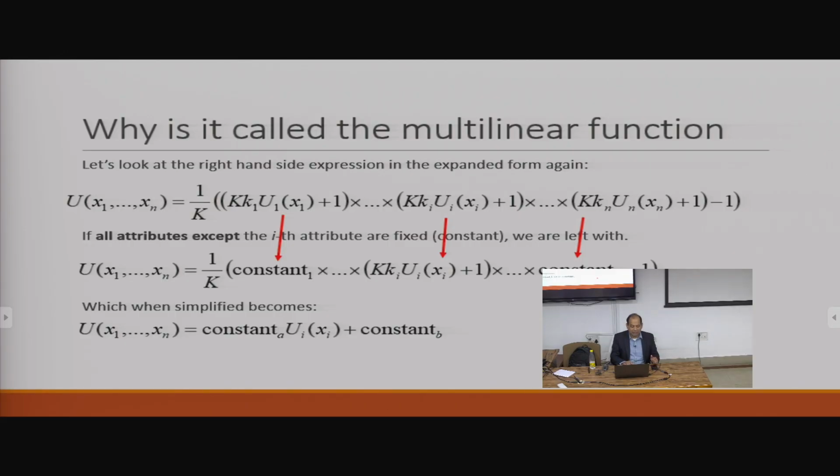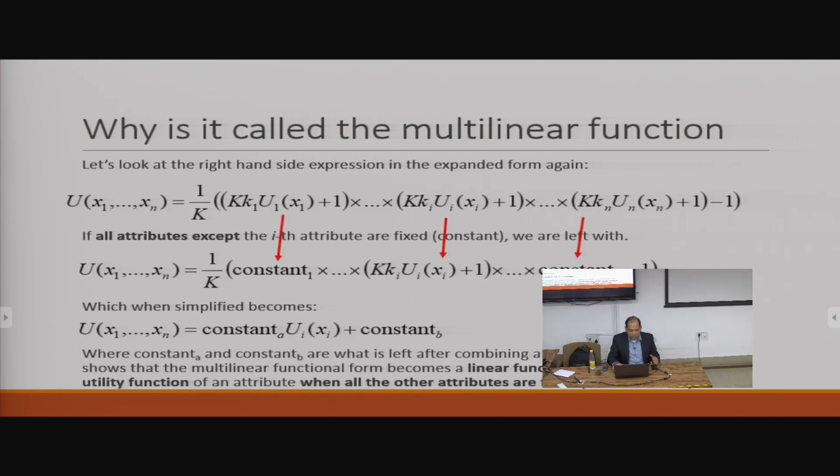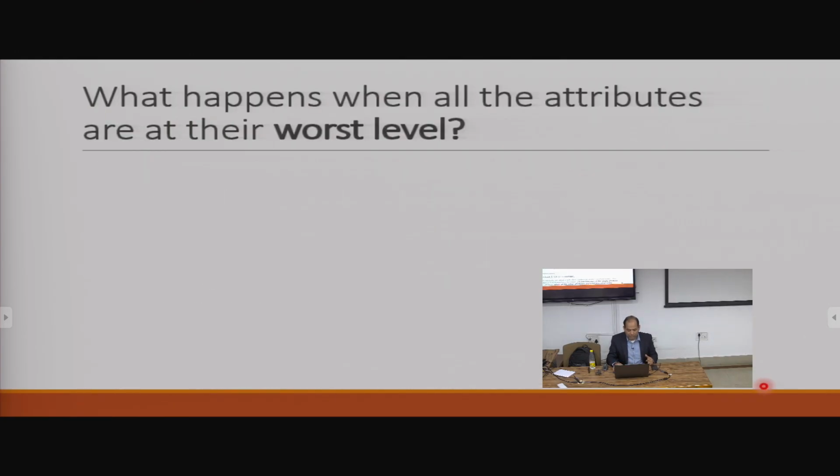If all attributes except the ith attribute were constant, then you're making decisions as if you're making decisions on the ith attribute, right? And the same risk attitudes and everything. So the multilinear functional form becomes a linear function of the single attribute utility function of an attribute when all other attributes are fixed. Okay.